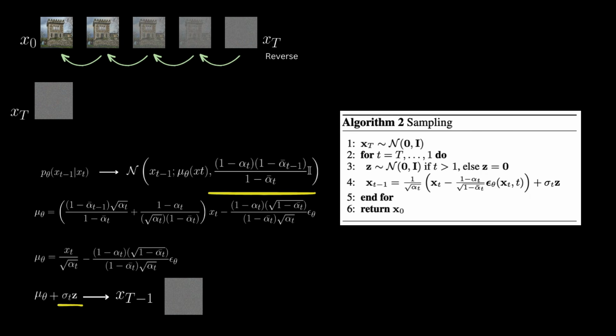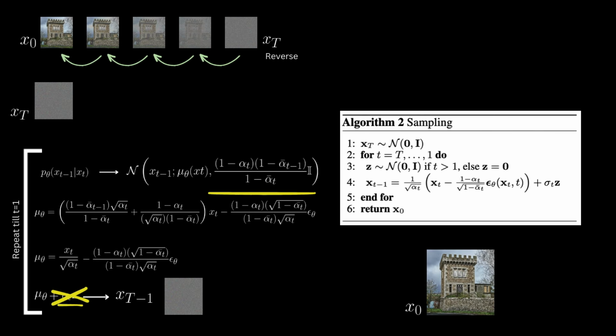Then we just keep on repeating this process all the way till we get our original image x0. The only thing we do differently is we return the mean image itself to get from x1 to x0. And that's it for training as well as the generation part for the DDPM diffusion model.